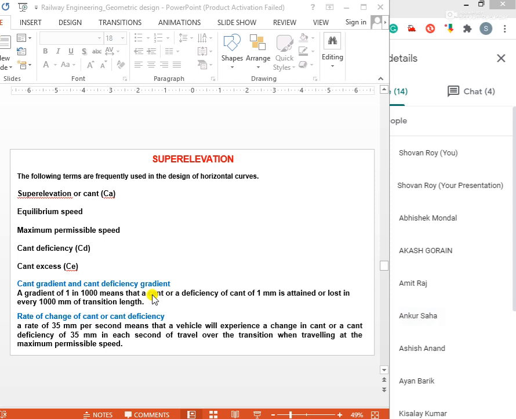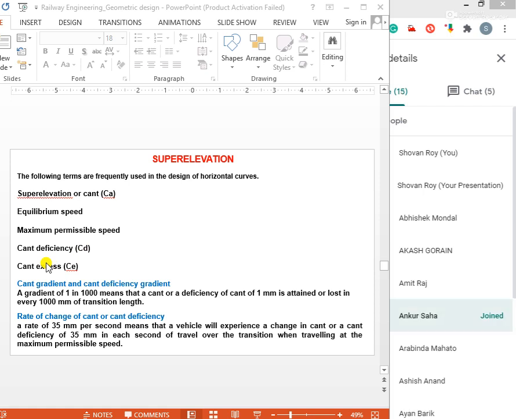The super elevation values for 80 and 60 kilometer per hour are different, and that shows a difference between what you have provided and the speed of your train. For cant deficiency, you have provided a low super elevation value for lower speed, but your train is going at high speed. For the cant excess condition, you have provided a higher super elevation for higher speed, but your train is running at low speed.